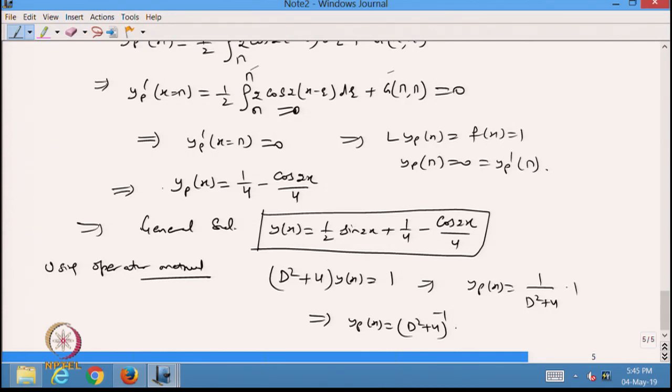This one I can write as (D² plus 4) inverse of e^{0x}, and putting the value 0 instead of D, I get 1 over 4. So, my y_p(x) in this case will be 1 by 4.